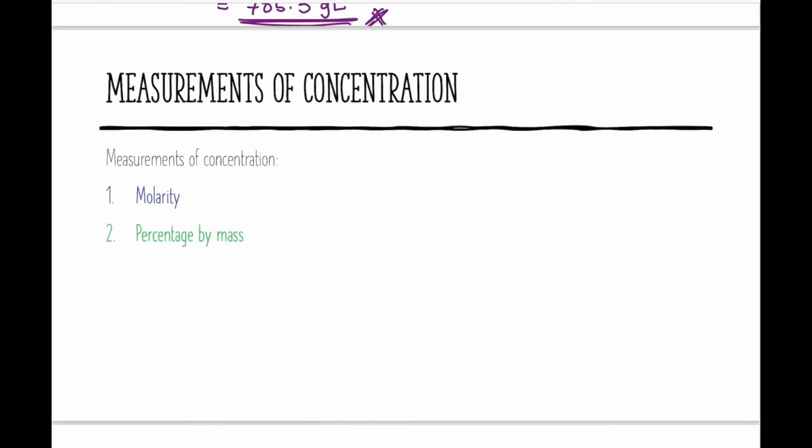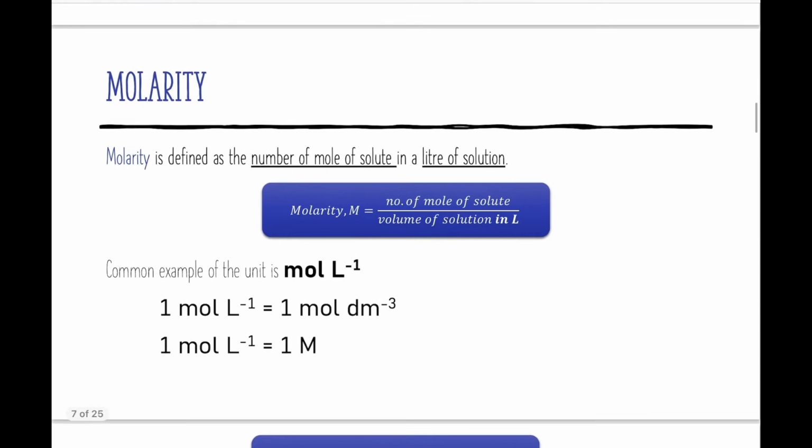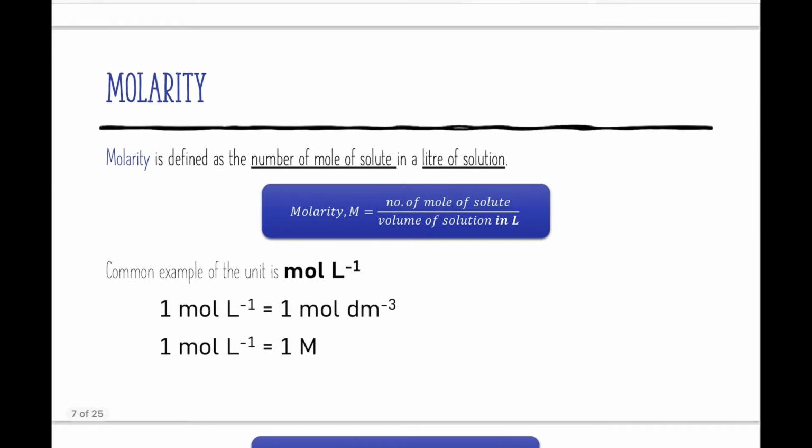There are at least 5 measurements of concentration, but in this video, we are going to focus on molarity and percentage by mass. Molarity is defined as the number of mole of solute in a liter of solution. So make sure that to calculate molarity, number of mole of solute is divided by the volume of solution in liter.